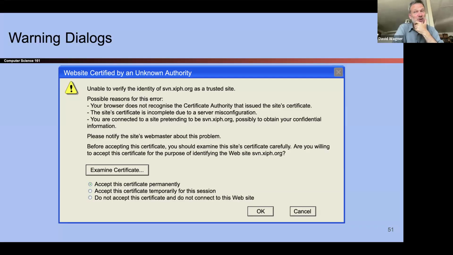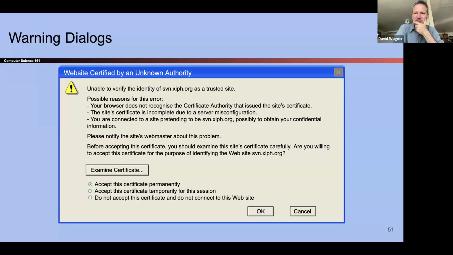Browser vendors don't do this anymore. Why not? Too many words. Oh my gosh, wall of text. I just wanted to go order a burger for delivery. And what is this?